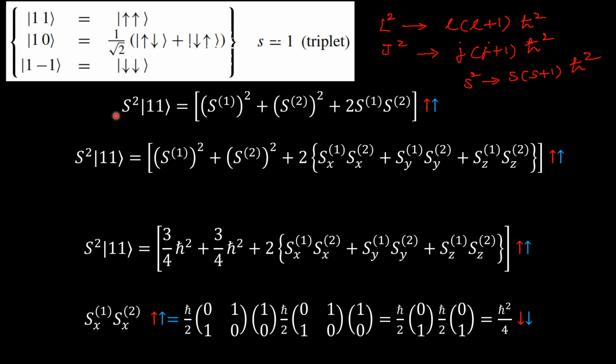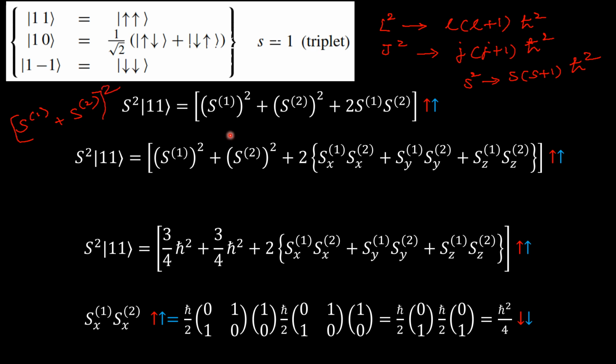Now we will see what happens if S squared acts on the ket |1 1>. I will explain it like this: the red one is the electron, and the blue one is the proton. Both are in the up state. So this S squared is nothing but (S1 for the electron plus S2 for the proton) whole squared.